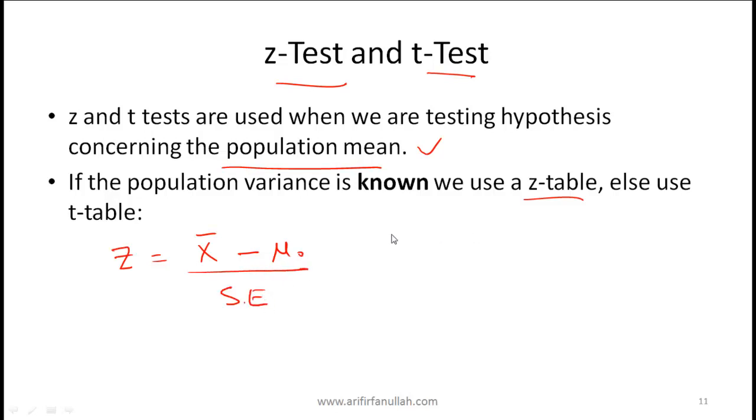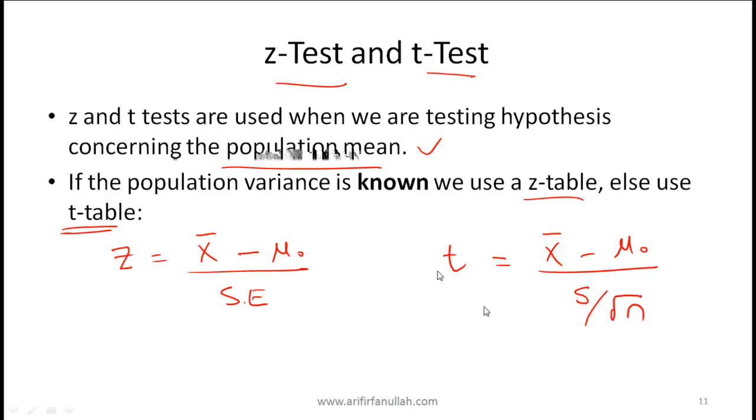If the population variance is not known, then you use the t-table. There you come up with a t value, which is again equal to x bar minus mu naught, and now the standard error becomes the sample standard deviation over root n.